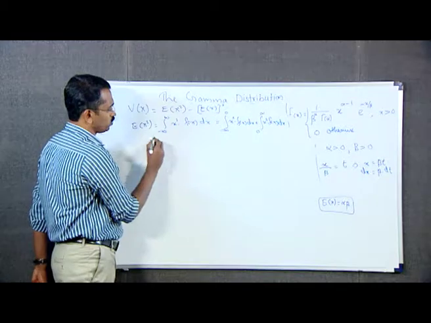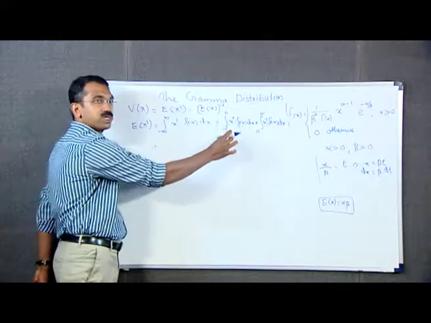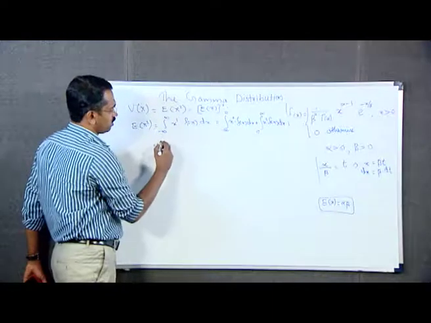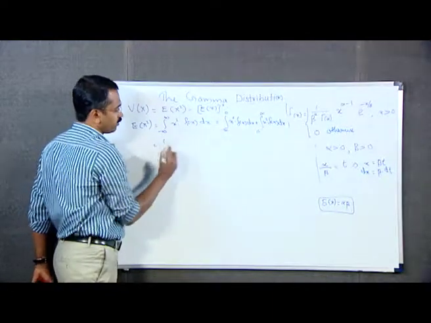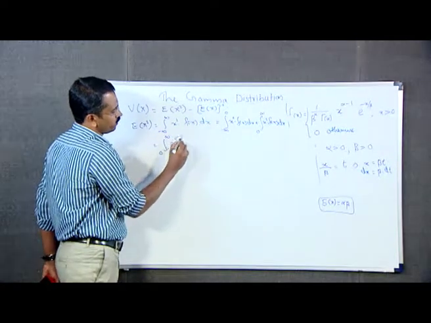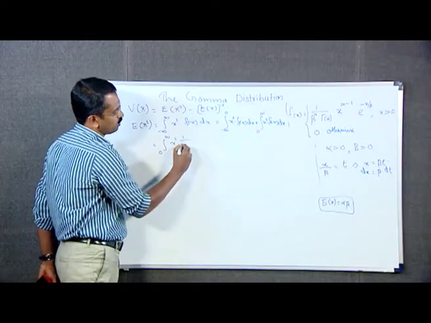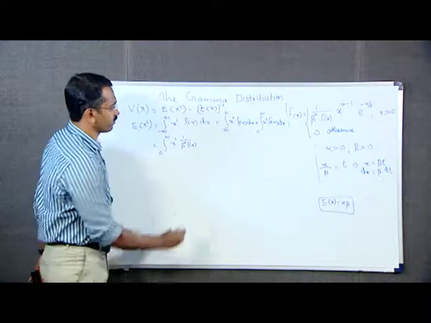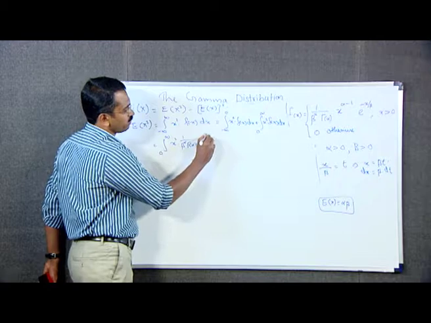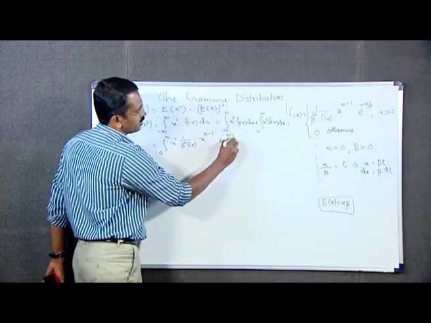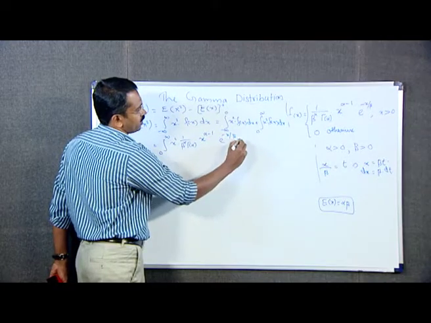Therefore, the first integral will become 0, and integral from 0 to infinity x square into f of x is 1 by beta raised to alpha into gamma alpha x raised to alpha minus 1 into e raised to minus x by beta dx.